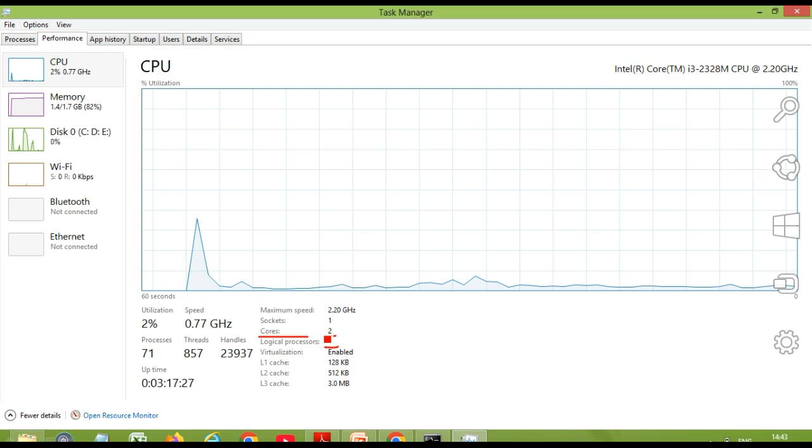So during execution, the operating system sees 4 logical processors, but the CPU can only execute 2 true processes simultaneously. The logical processors allow better utilization of the core by switching between tasks quickly, but they don't offer the same performance as having more physical cores. So this is the meaning of hyper-threading.